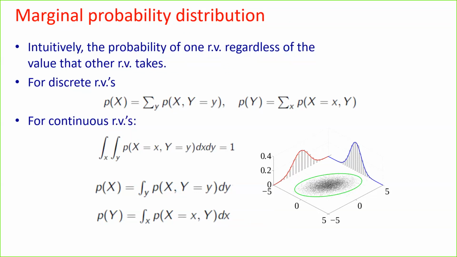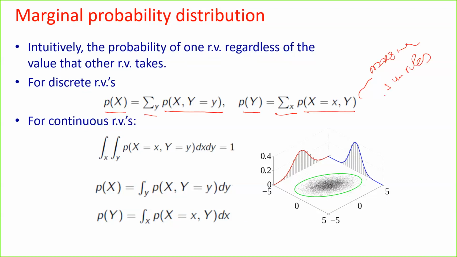What is the sum rule in the case of discrete random variables? Probability of x is the sum over y of probability of x comma y, and probability of y is the sum over x of probability of x comma y, right? This we called the marginal probability or sum rule.